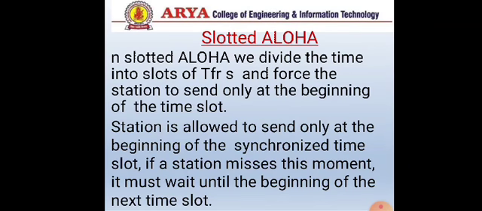Now we move on to slotted Aloha, because in pure Aloha collisions occur. Slotted Aloha divides the time into slots of Tfr and forces the station to send only at the beginning of a time slot. If a station misses this moment, it must wait until the beginning of the next time slot.